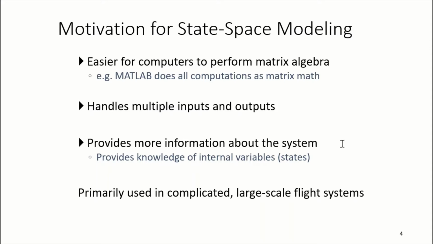But in the state variable system, you can look at all the different variables that are going on inside the system as well. So it's a more sophisticated design method, and it's used in larger scale flight systems. And probably my favorite state space analysis is something called Kalman filtering, which is used in most flight control systems, and that uses this state space analysis.